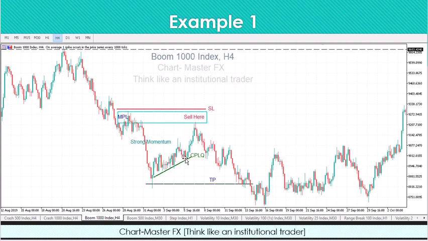Once it went down, now it went up with liquidity, which is strong momentum to the upside, and it reached the MPL, and the price finally dropped and covered the compression.